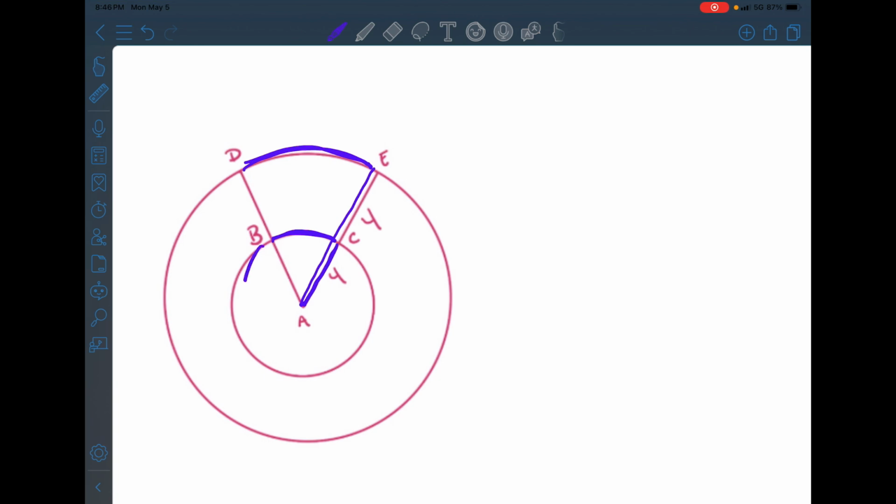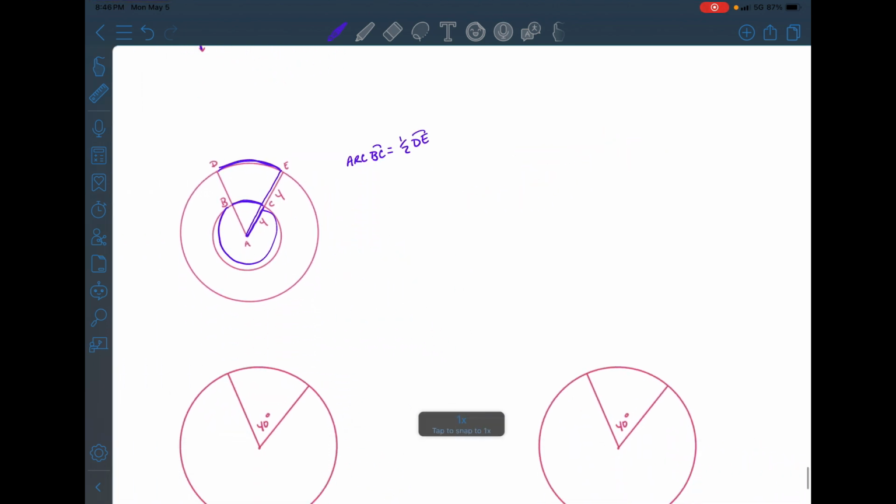So this circle is like half the size of that larger circle. So arc BC is half of arc DE. If the circle's half, so is the arc, if it's cut with the same things.